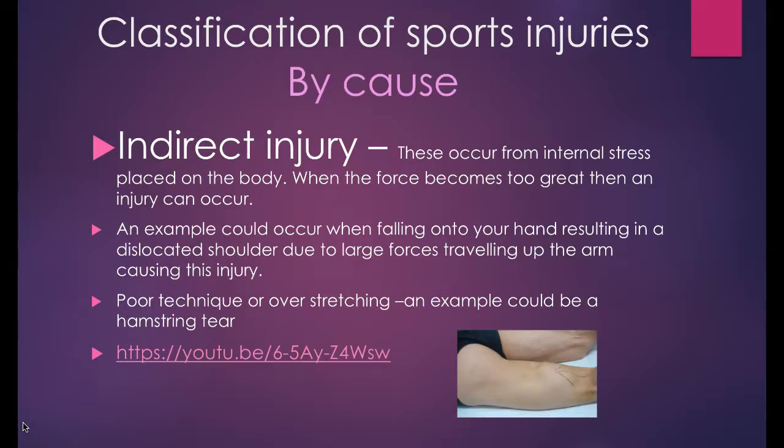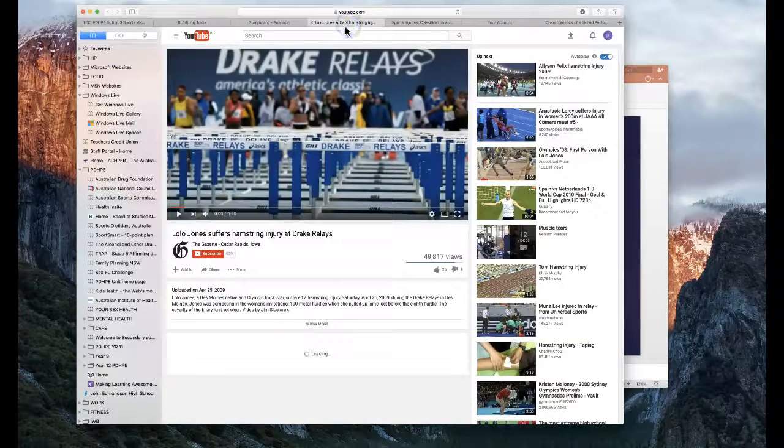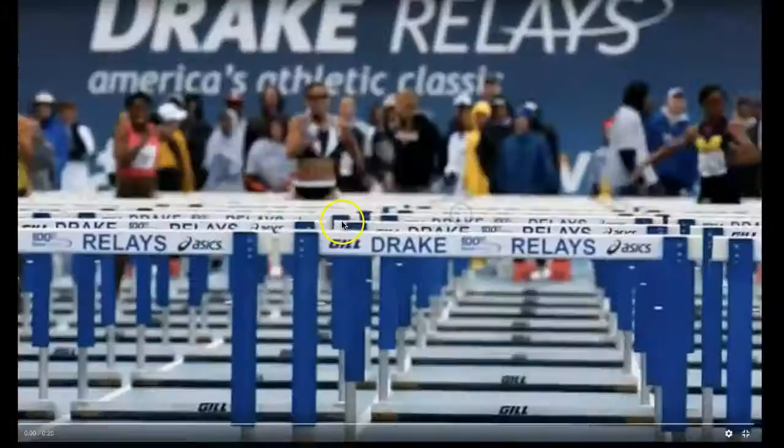Poor technique or overstretching could be another example of an indirect injury, and this may cause a hamstring tear. So let's have a look now at a hamstring tear and a short video of this.